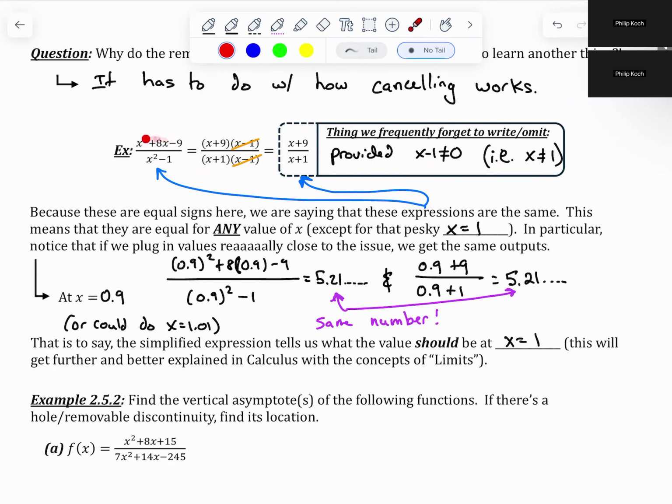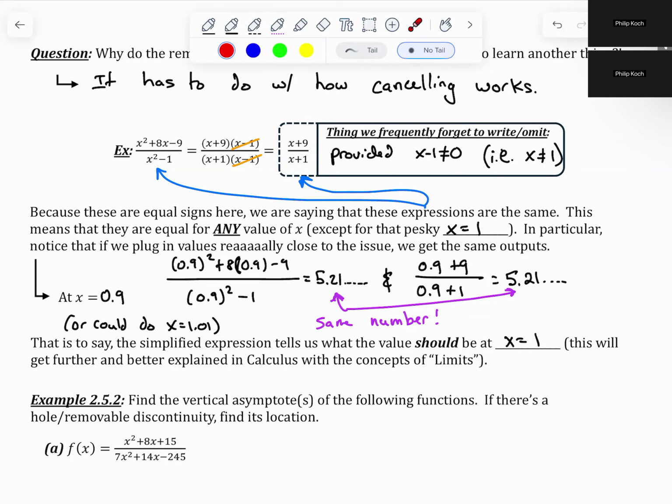So, in particular, since they are equal everywhere except for that 1, that means that I can plug in whatever number I want into it besides 1, and it will give me the same value. So in particular, I'll choose numbers that are incredibly close to 1. Whether it be from above or below is irrelevant. If I plug in 0.9 or 1.1 or 0.99 or 1.01, 0.9999999 or 1.00001, no matter what happens, they'll always give me the same number.